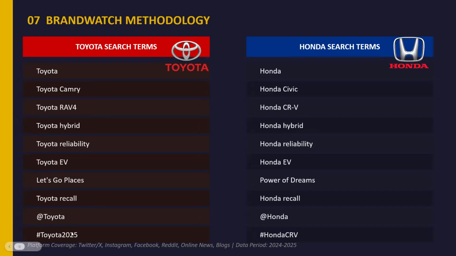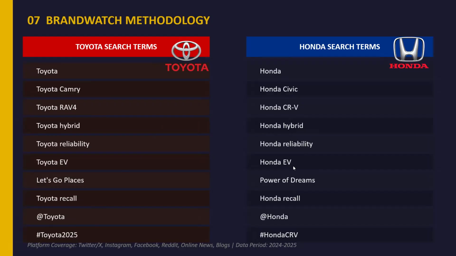Now, for Honda, I built a parallel set of queries: the brand name, model-specific searches such as Honda Civic and Honda CR-V, and thematic terms as well, like Honda Hybrid, Honda Reliability, Honda EV.